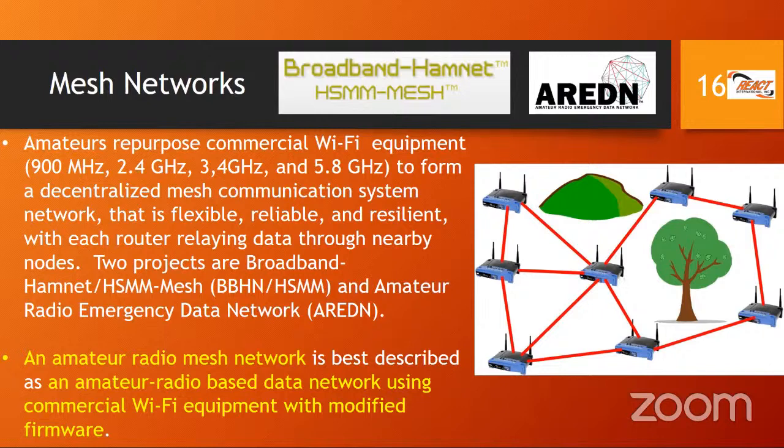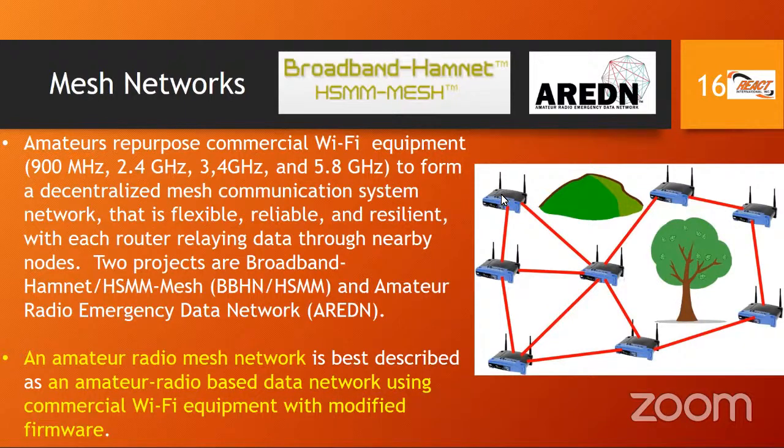So when hams do that and repurpose Wi-Fi routers, we have some pretty older Linksys WRT54G routers, these older routers we're showing here, but it can also use the newer Ubiquiti type routers and a couple others as well.